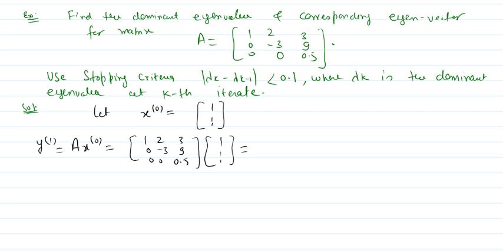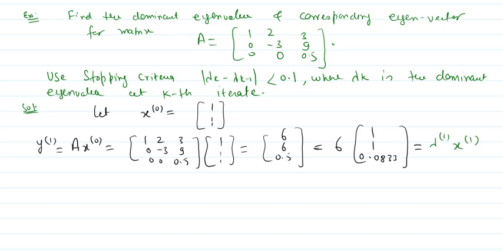So the first answer is 6 6 0.5, you can take 6 outside. 1 1 0.0833. So in my notation, this 6 is the first approximation and that vector is x1, the first approximation of the eigenvector.